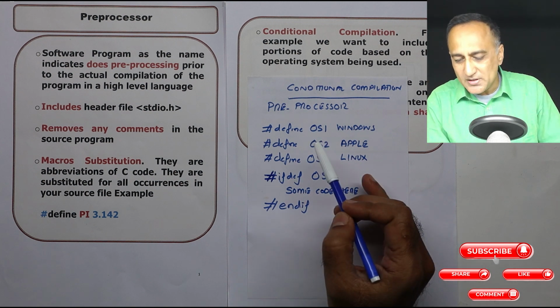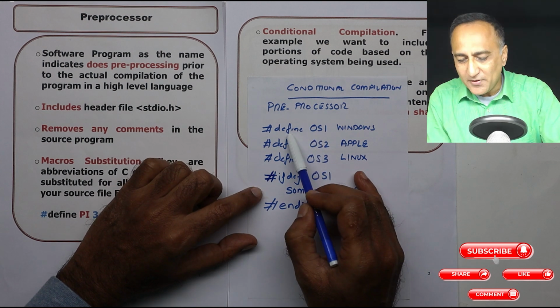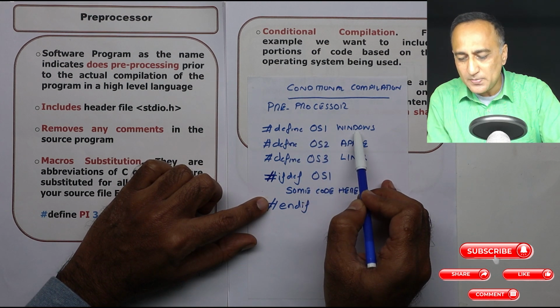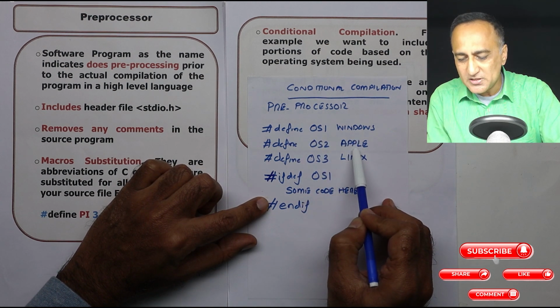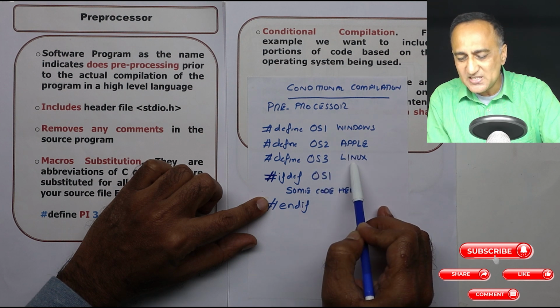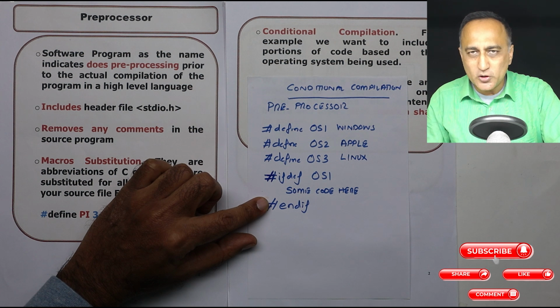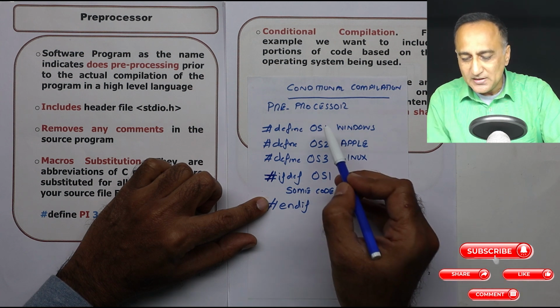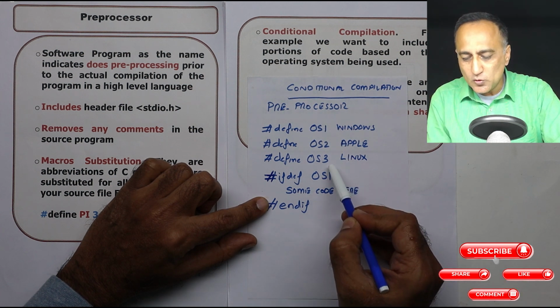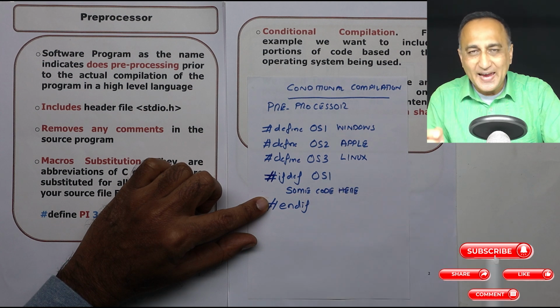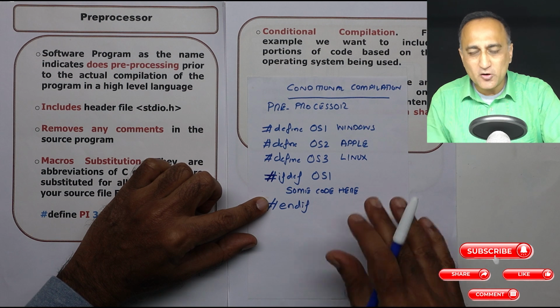So in my code, I define something like this: OS1 represents Windows, OS2 represents Apple, OS3 represents Linux. So when I send my source code to the preprocessor, this particular OS1, OS2 or OS3 will get activated or get a value based on the operating system I am working on.